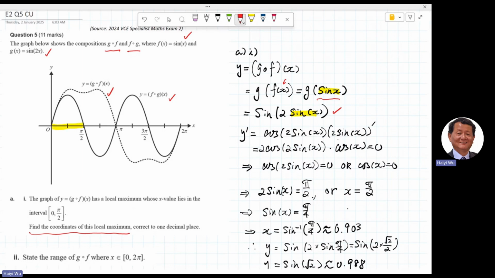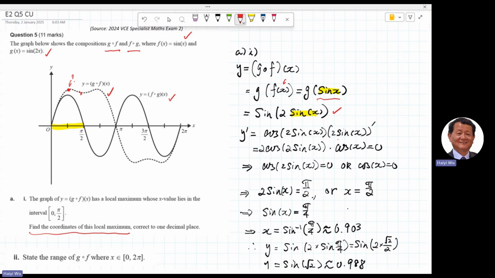The local maximum is somewhere here. There's another stationary point here, but it's not the maximum, because this one has higher values. So this looks like the local maximum, and I'm going to solve for it.